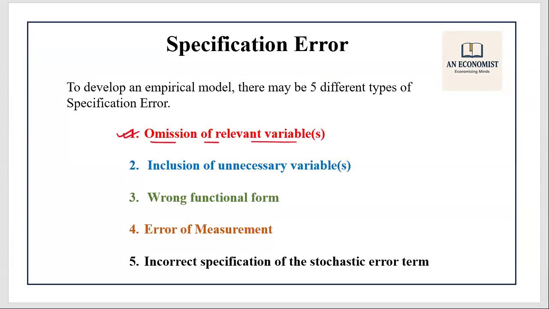So today we will go into the next kind of specification error, which is known as inclusion of unnecessary variables. Again, we will do the same thing. We will understand the concept with the help of models, and then we will go into the detailed proof of the consequences. So let's get started.